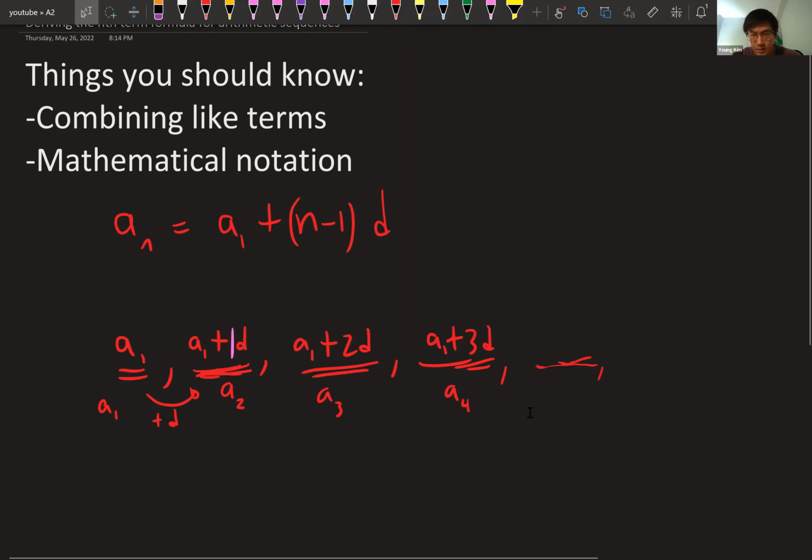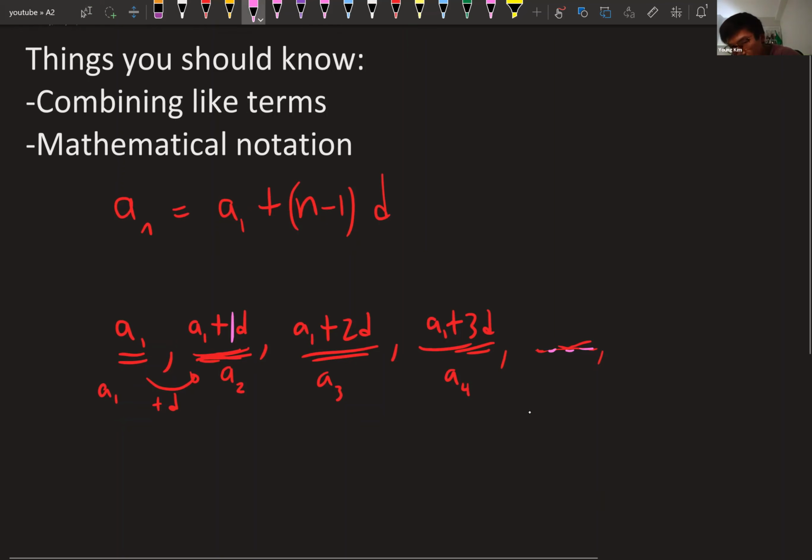So if you're looking down the list and picking an arbitrary nth term, the number of D's that you're adding to the first term would be 1 less than n. So that would be n minus 1.